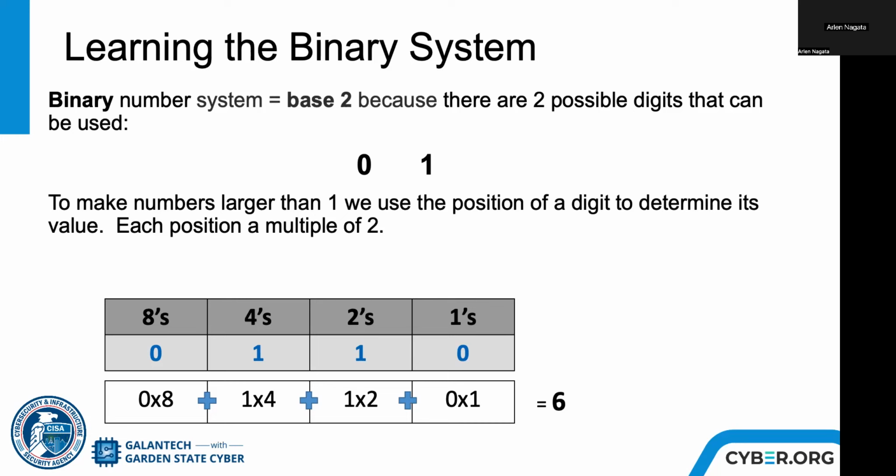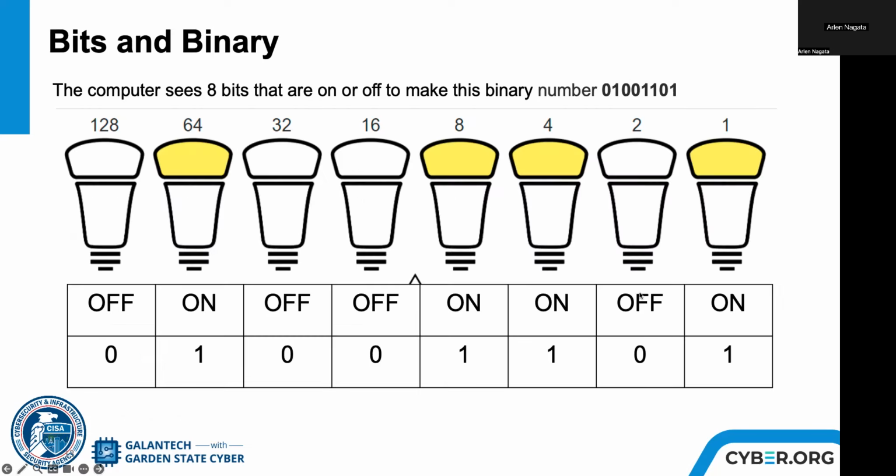The next number is 1, 1. And the next number would be 1, 0, 0. Okay, so each time we're carrying the 1, and if we exceed the largest number possible, which is 1, then you have to carry it to the next place value. And that's kind of how we count in the binary system.